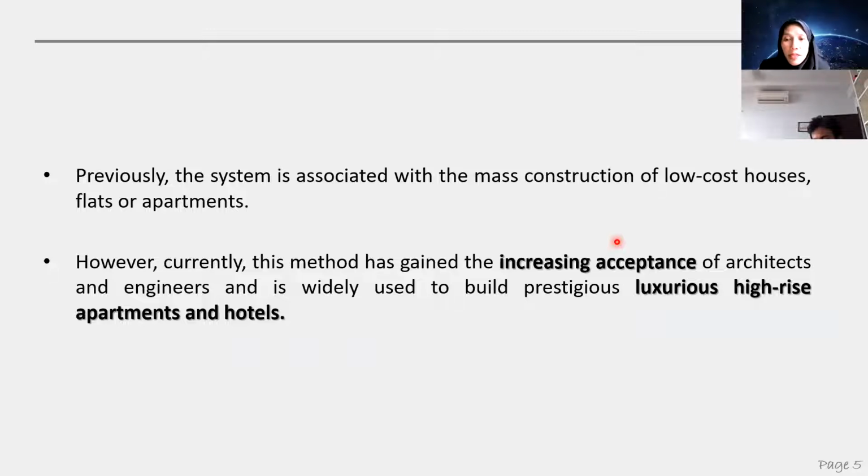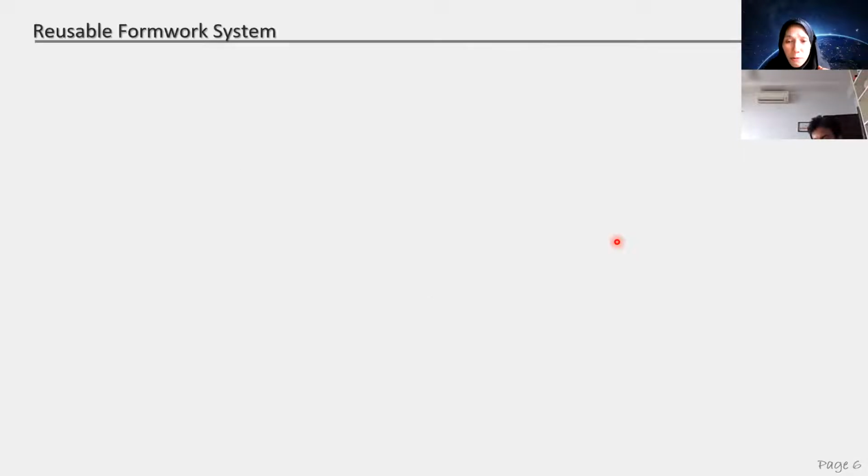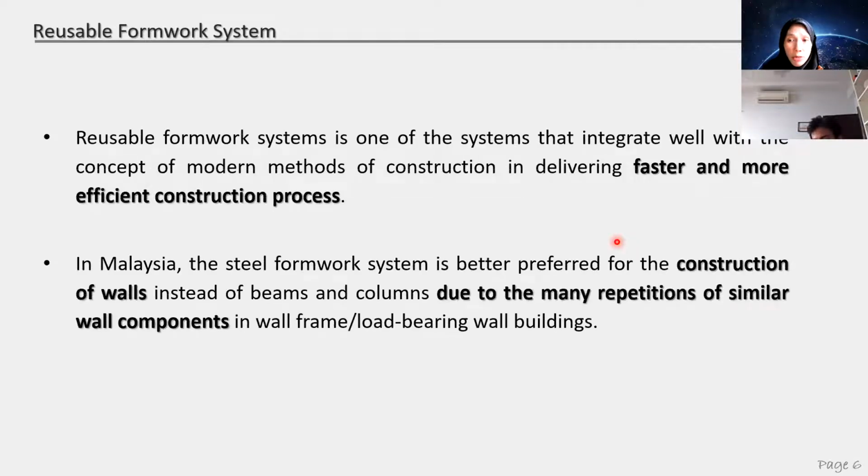And even prestigious apartments like condominiums or hotels can use the reusable formwork system. So basically the main idea is to reuse the formwork. Even though with the traditional method you can still reuse the formwork, it can't last long.